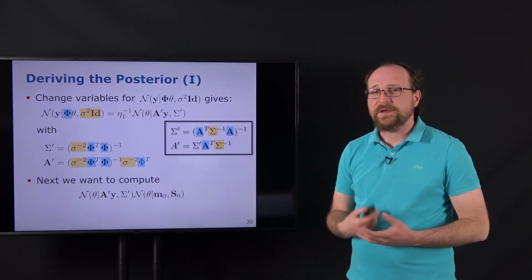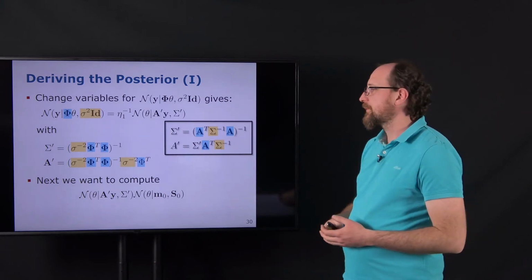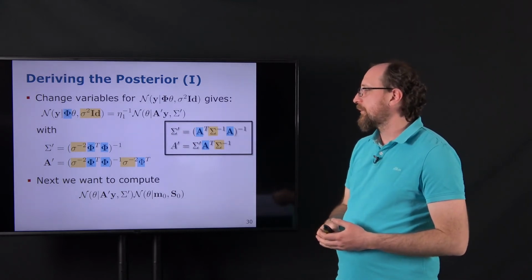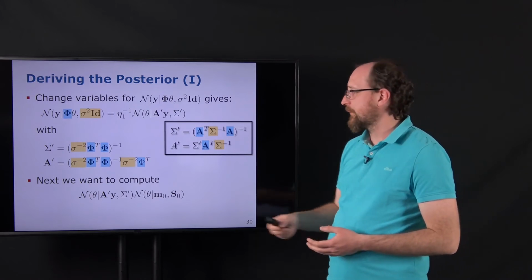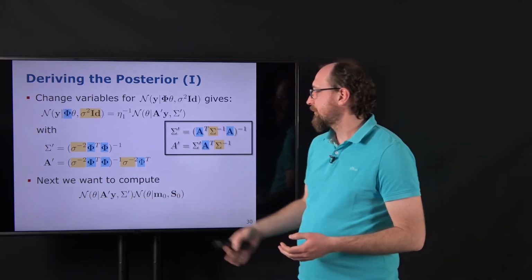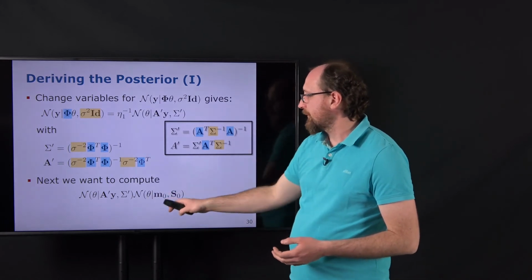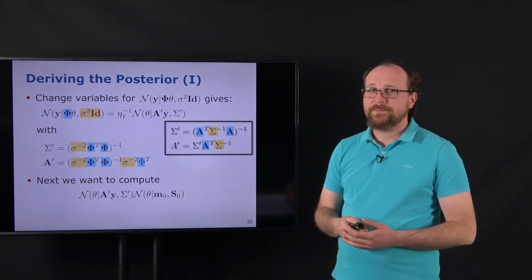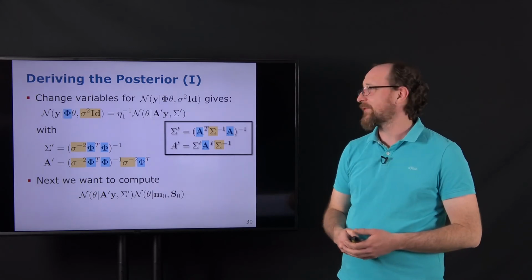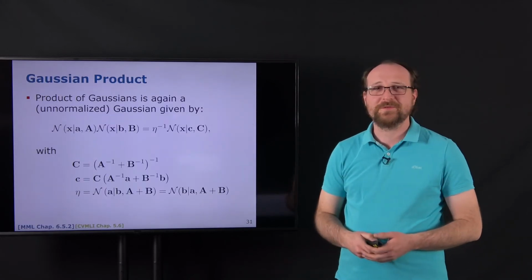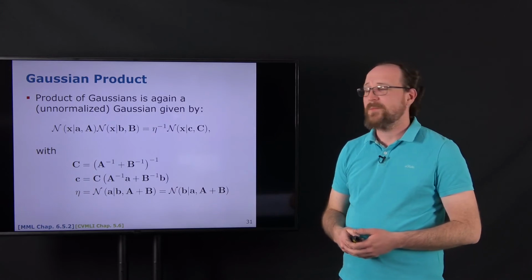The next step in the derivation is that we want to compute the product of two normal distributions. So we have now a normal distribution in terms of theta times a normal distribution in terms of theta, that's the prior. When you look in your math books, you find that the product of Gaussians is also given.